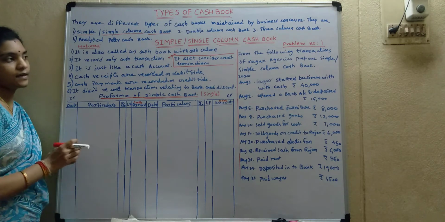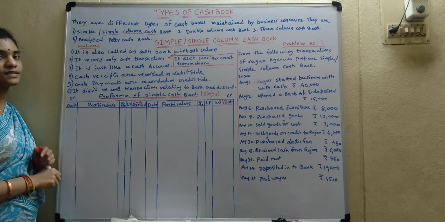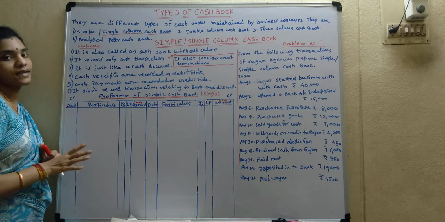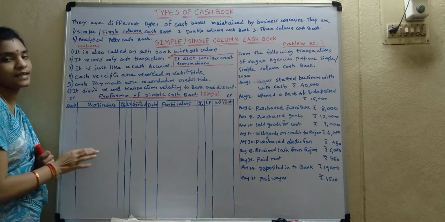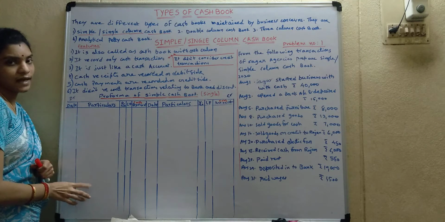Okay, and as we have also learned in the last class, the rule you have to remember and follow is that credit transactions are not considered here. Credit transactions are not recorded in the cash book.